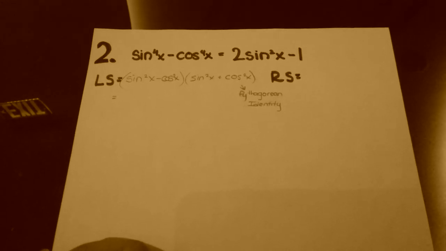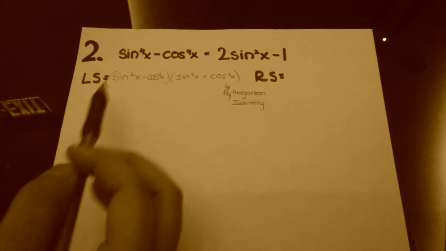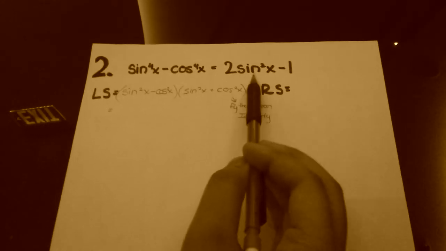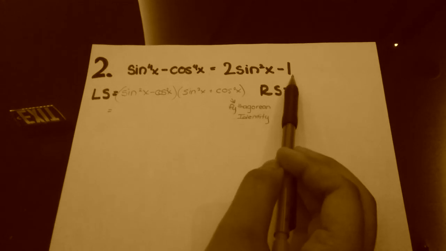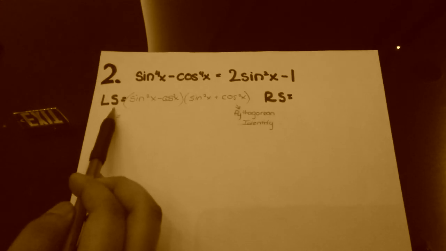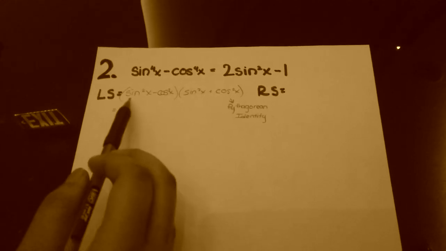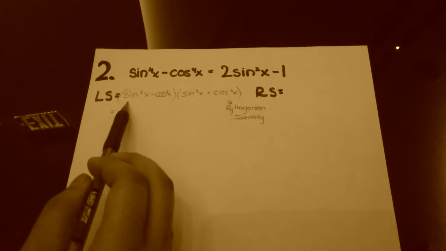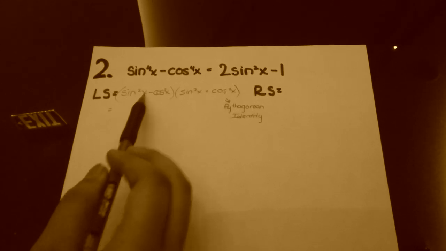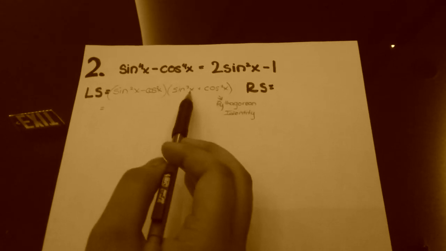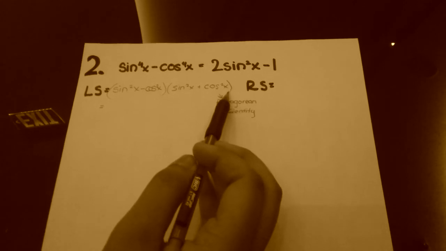For our second example, the question is sine to the fourth x minus cos to the fourth x equals 2 sine squared x minus 1. We are going to solve the left side first since it's the most difficult in this question. So over here, I would like to factor it into (sine squared x minus cos squared x) multiplied by (sine squared x plus cos squared x).